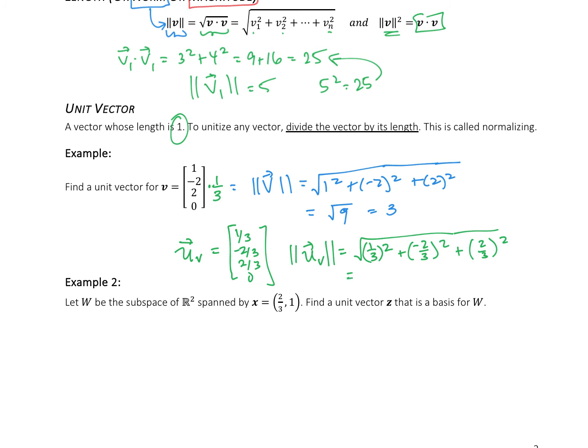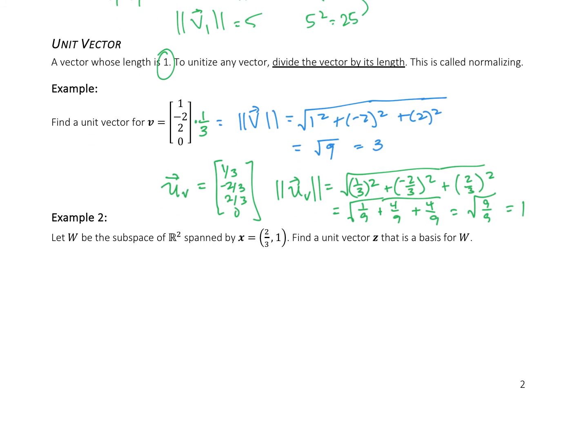So this will give us 1/9 plus 4/9 plus 4/9. 1 plus 4 is 5, plus 4 is 9. So this is the square root of 9/9, which is 1. Ta-da! So hey, it works the way we would expect it to.